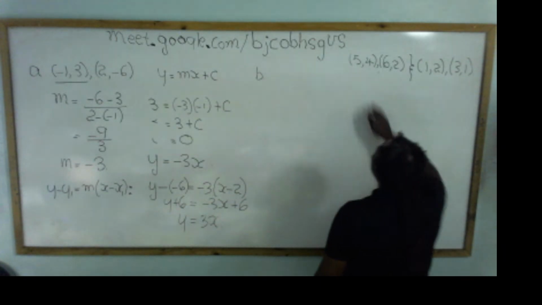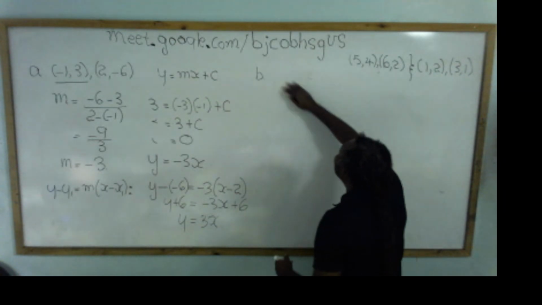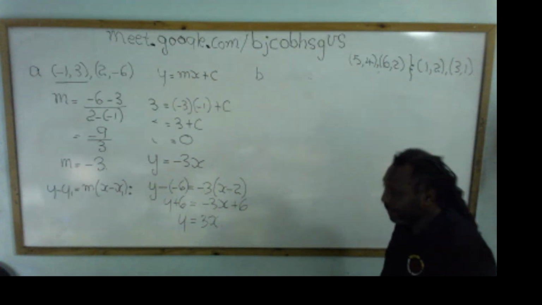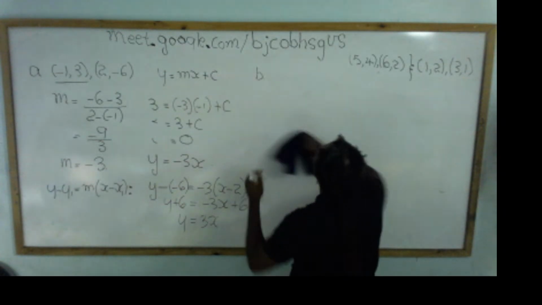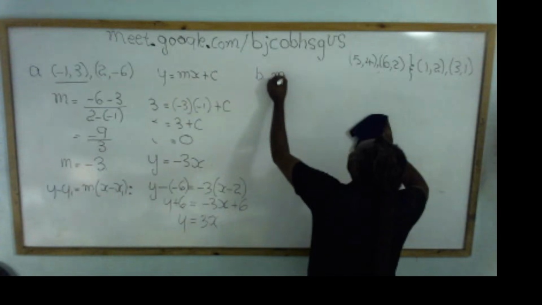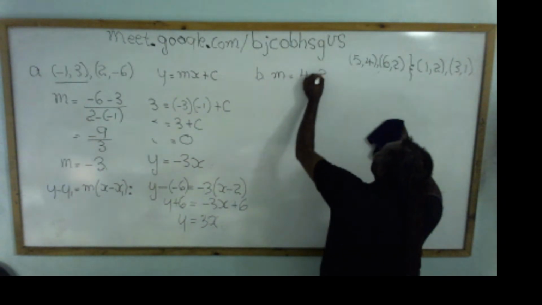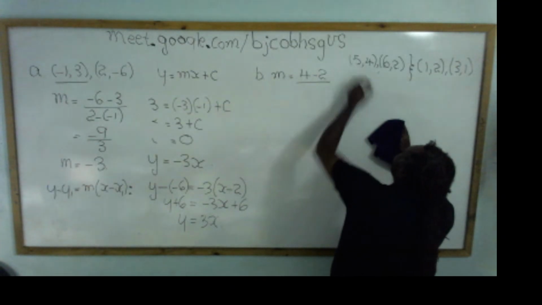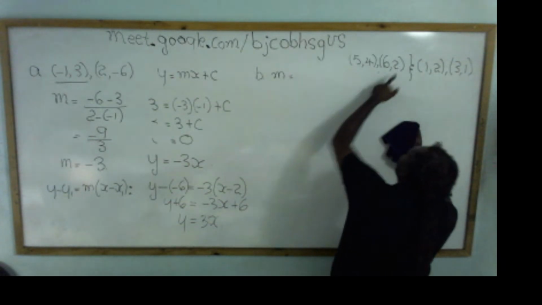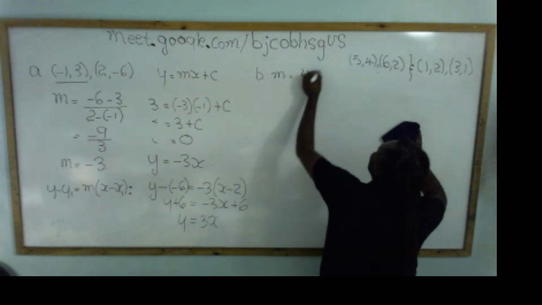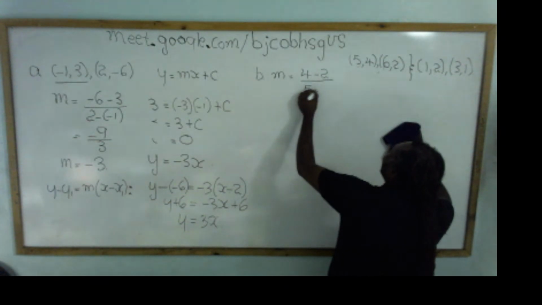Gradient is equal to y1 minus y2, 4 minus 2, over x1 minus x2, over 5 minus 6.